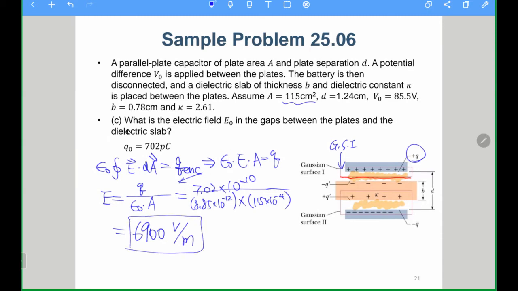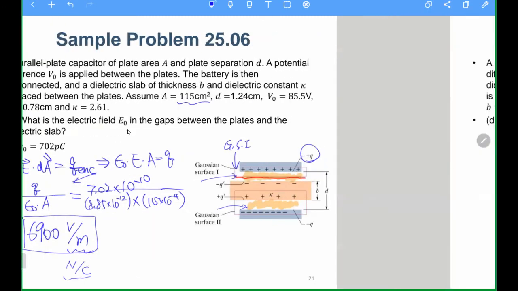This is one of the possible SI units for the E field, or you can also use N over C. Both are correct. So this is the E field in this region.